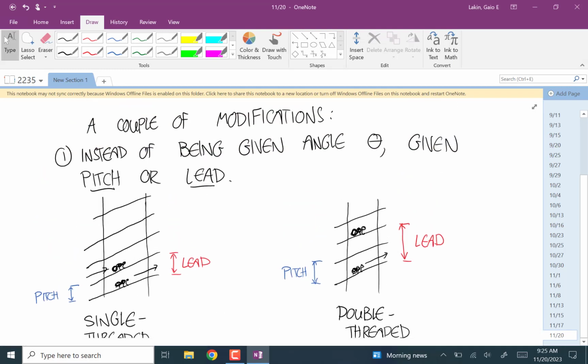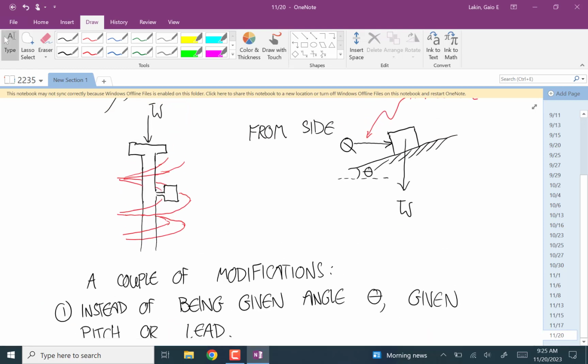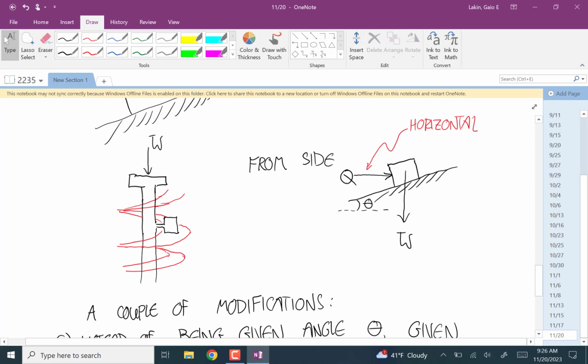Okay, so that's the first thing. If you look at this calculation for just the block on the incline, we have that angle theta. Well, that's not the way people talk about screws, so we're going to find a relationship between that theta and the lead. And then the second thing is that force Q. Physically, can you imagine what that force Q would be? These threads are pretty small. If you think of a car jack, the whole thing happens in that much space.